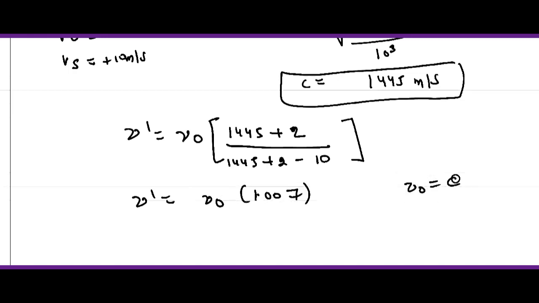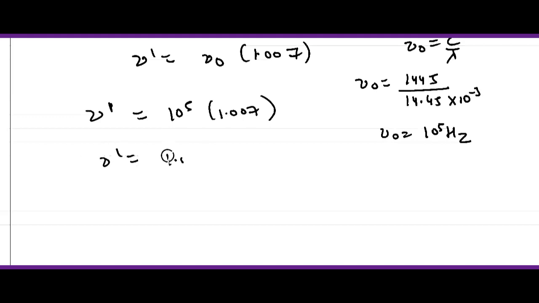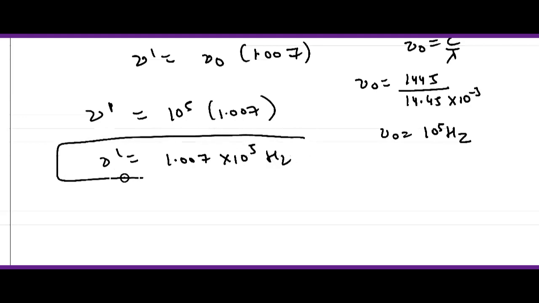Now you know mu naught is equal to C by lambda. C we have calculated as 1445 and lambda they have given us as 14.45 mm, so into 10 to the power minus 3. So this will give us mu naught equal to 10 to the power 5 hertz. Place it here, so mu dash equals 10 to the power 5 into 1.007. So from here we will get mu dash equal to 1.007 into 10 to the power 5 hertz. So this is our answer for the first part.